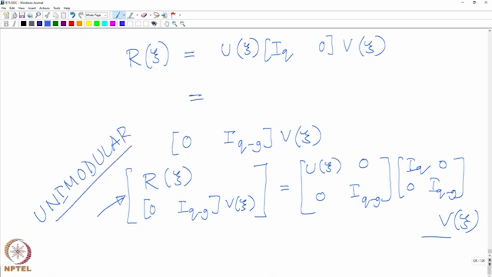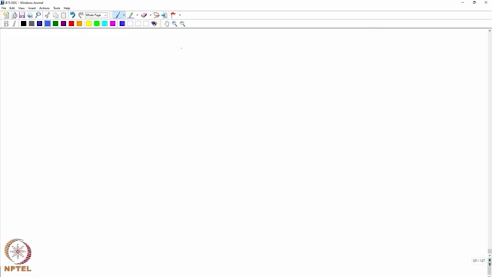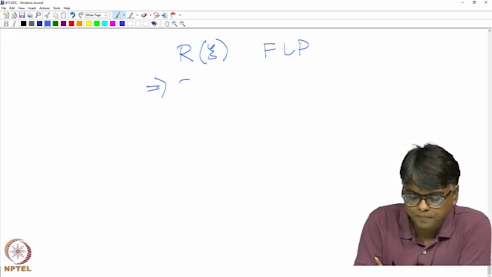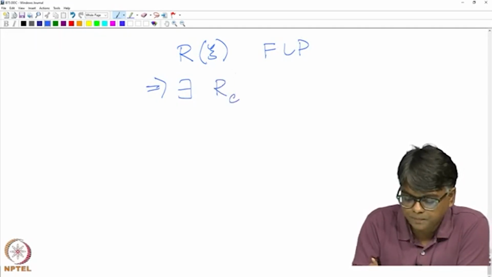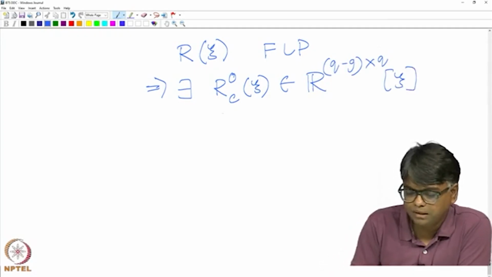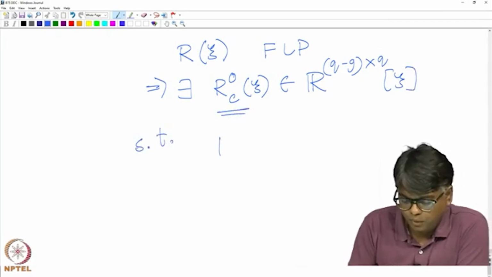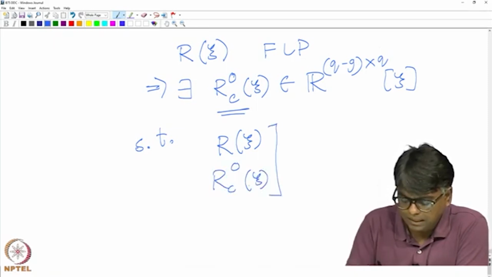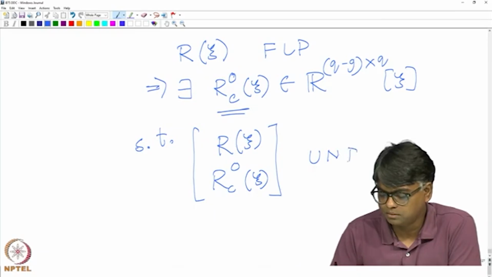Great, no? Because it is a unimodular matrix, what I have done essentially is that given an R xi which is factor left prime, I have shown that this implies there exists an RC0 xi of size q minus g times q, such that when I put them together as a controller, I get this matrix as a unimodular matrix.